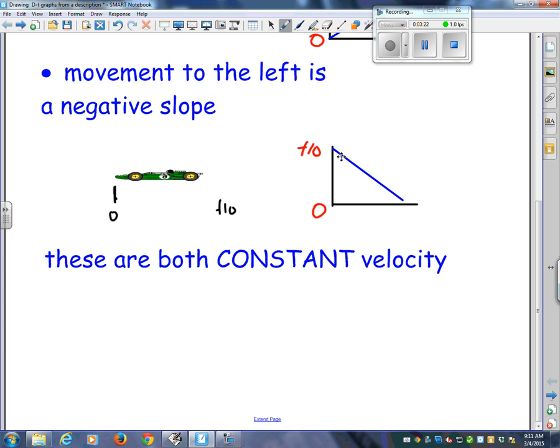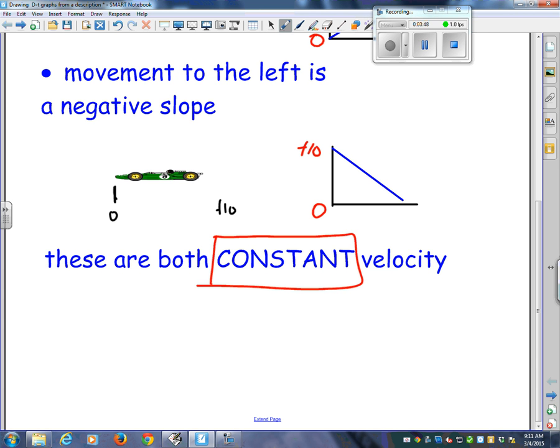Now, remember that these are both, and you'll notice that I've got it in big, bold, capital letters, constant velocity. I'm struggling with my grade 12s right now over their understanding of the difference between constant velocity and accelerated motion. Constant velocity means what? What does it mean? Come on, don't just repeat the words back.